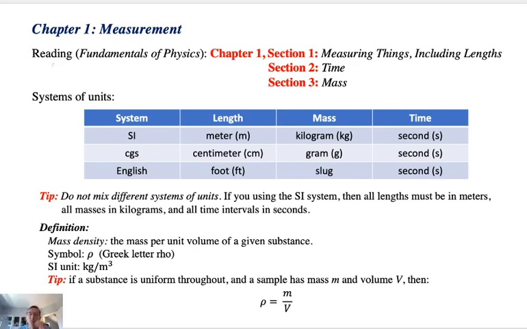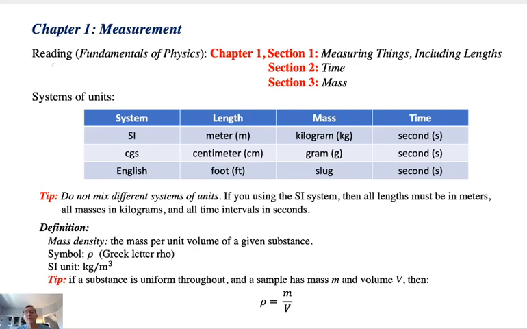And then once in a while, we will use the English system, where the length must be expressed in the foot, ft, the mass unit is the slug, and the time unit is the second. So those are the three systems of units we will be using in the order of frequency. SI used most, CGS next, English last.